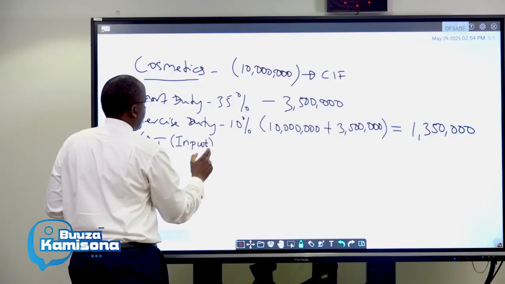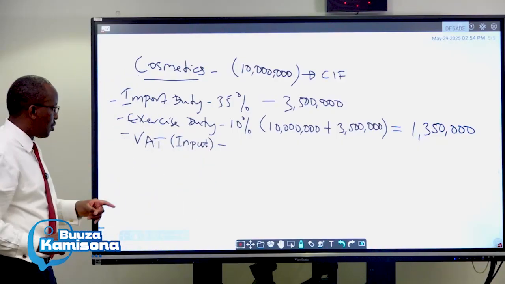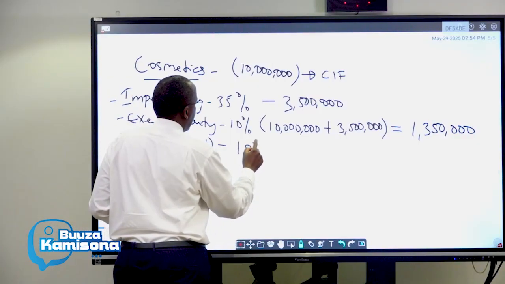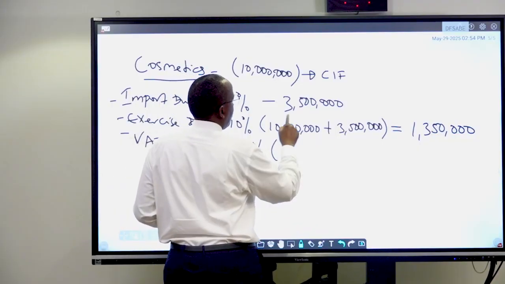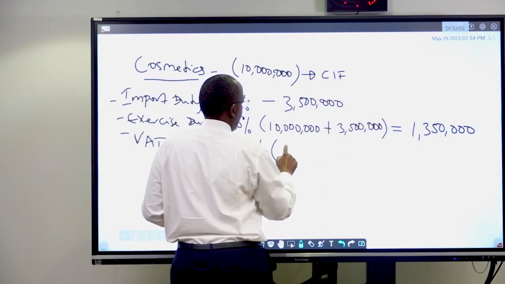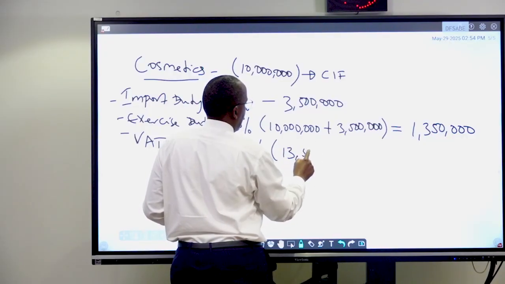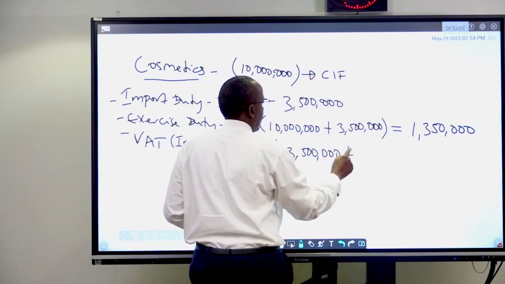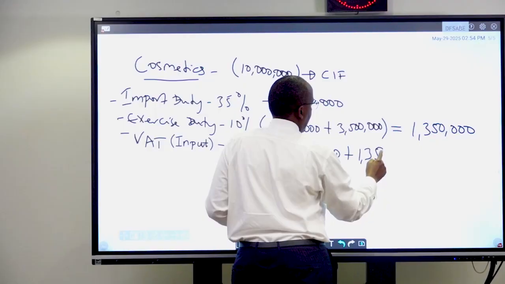VAT is 18%. 18% of what? Of the 10 million base, plus 3.5, plus 1.35.